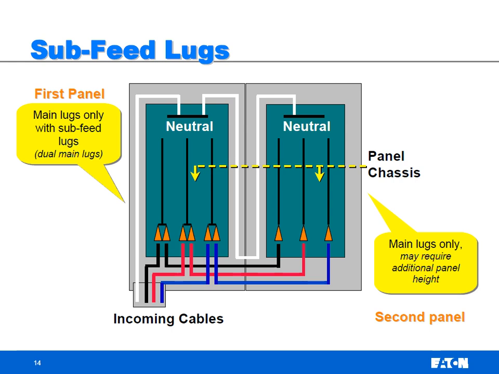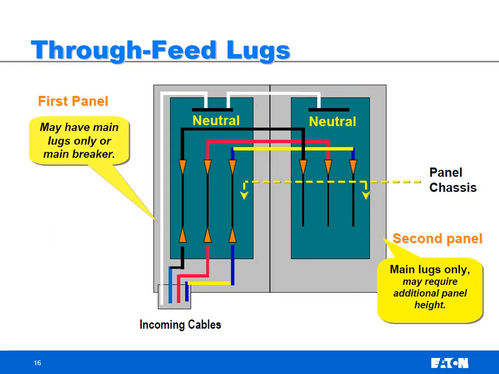There's just not physical space to land two sets of cables under a circuit breaker. For ThroughFeed lugs, because you're just landing one cable, you can have the option of having this as main lugs or main breaker. Very common in the ThroughFeed, as I said, this is more common than SubFeed lugs. So on ThroughFeed lugs, very common that you'll have one breaker that will be for the multi-panels.